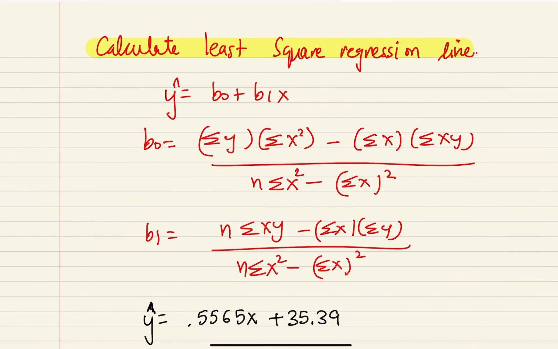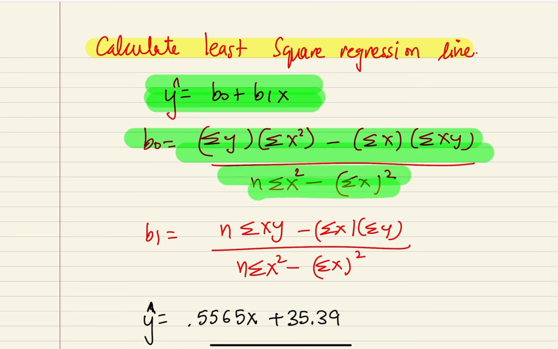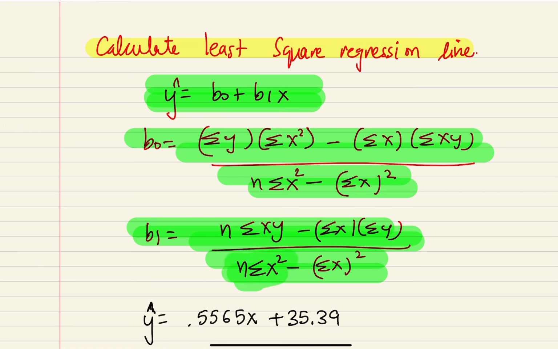Next, calculate the least square regression line. Least square regression line can be calculated using the equation y hat equals b naught plus b1x, where b naught can be found using this formula. We calculated the least square regression line in the previous video as well. b1 can be found using this formula. Notice that summation of x squared and the square of summation of x are not the same thing.